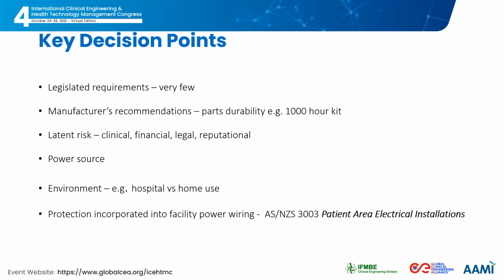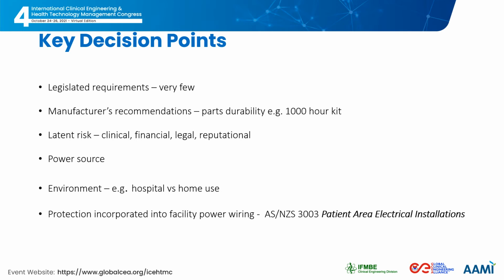We of course take into account the latent or inherent risk in devices, and that can be clinical, financial, legal. There's a whole range of facets to that risk which we take into account. The power source for the equipment is important.